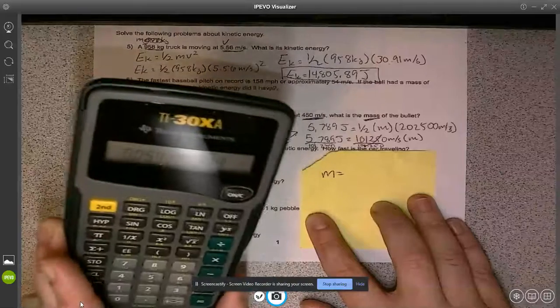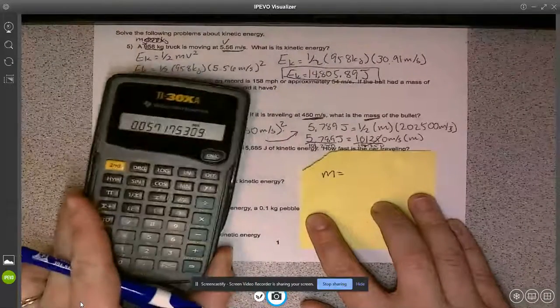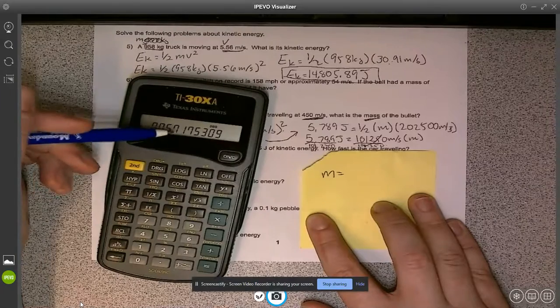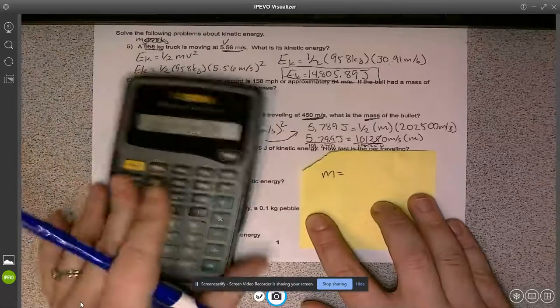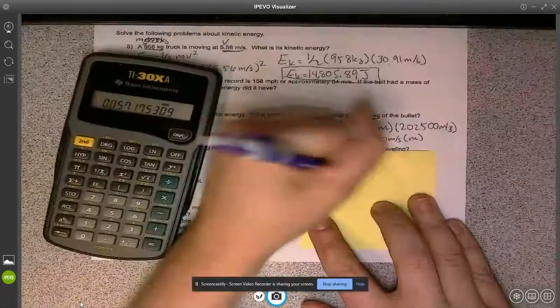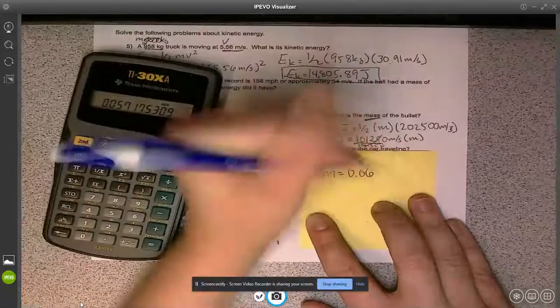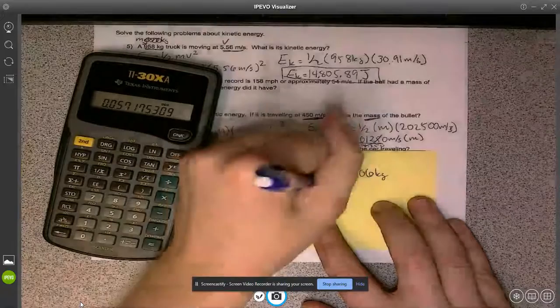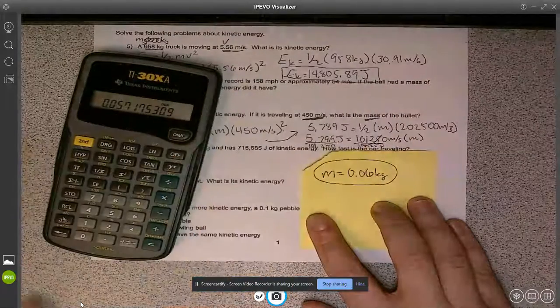And you can see our mass is actually pretty small, and I'm only going to do it to the nearest hundredth, which is this 5. And because there's a 7 next to it, I just need to make sure I do rounding rules. So 0.06 kilograms, and this is my final answer.